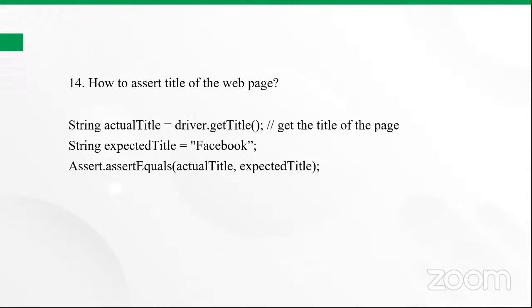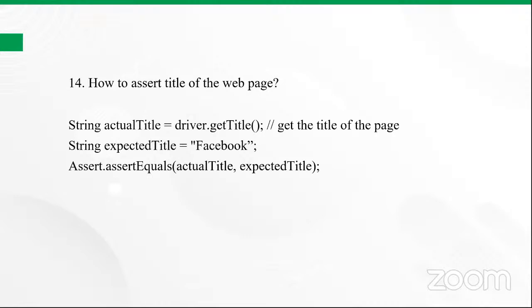This command takes nothing as the parameter but returns a string. And you can check that string against your expected string. That is what is written here. First, for the variable actualTitle, we get the title from the driver, and then we give the expected title, and then you assert the actual title and the expected title. I hope it is clear.